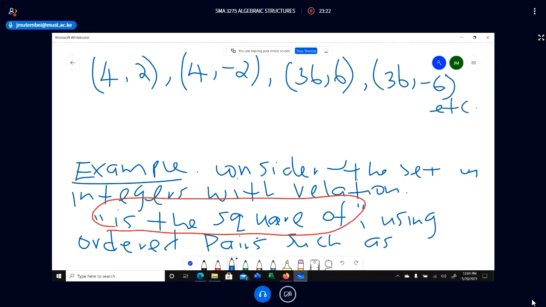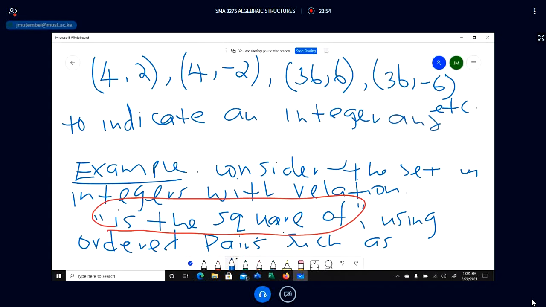So these pairs, all of them obey the relation that we are having. So the relation is the square of. So the first number is the square of the second one. So we can have this to indicate an integer and its square.